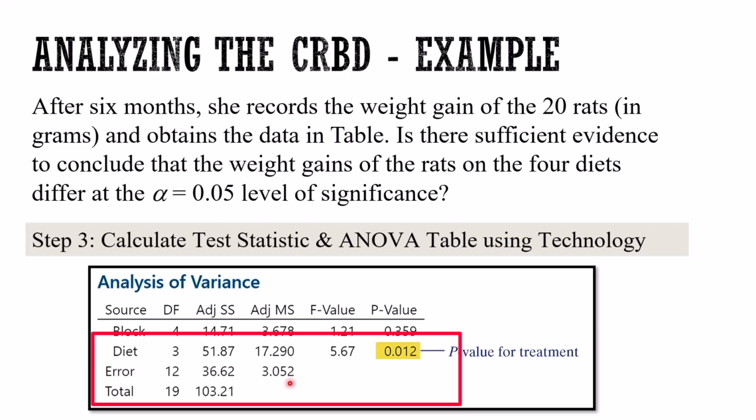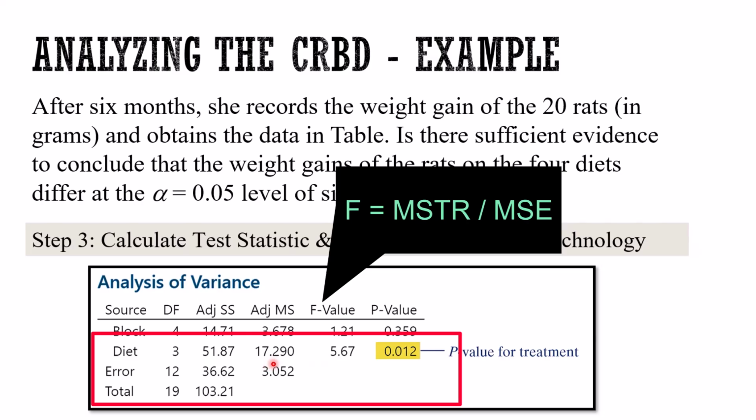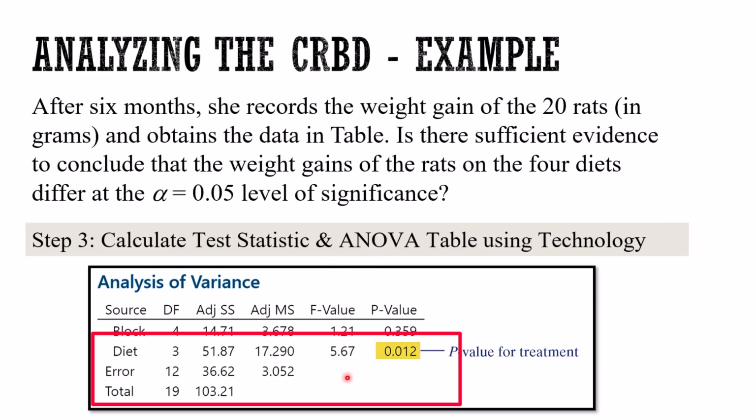All right, and then we have the F value as 5.67. What is the formula for the F value in ANOVA? It's MSTR over MSE. So MSTR is 17.290, MSE is 3.052. When you divide the two numbers, you will come up with an F value of 5.67, right? And then we have the p-value for a test statistic of 5.67.